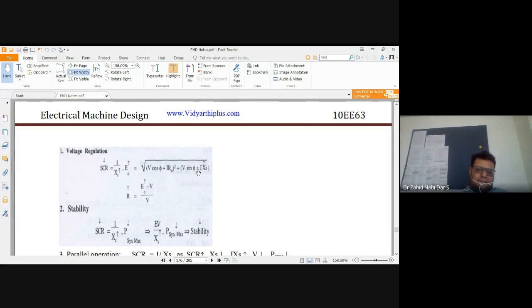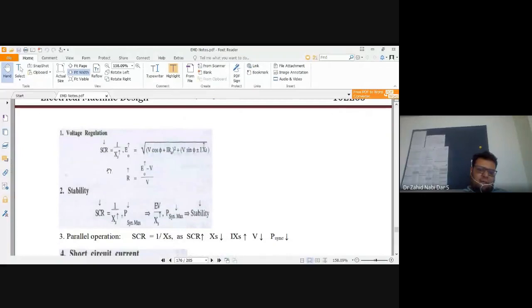Here plus or minus is there. Why plus or minus? Plus is for leading power factor load and minus is for lagging power factor load. Primarily your voltage regulation is E minus V divided by V. So the moment you exceed this XS value, your short circuit ratio decreases.